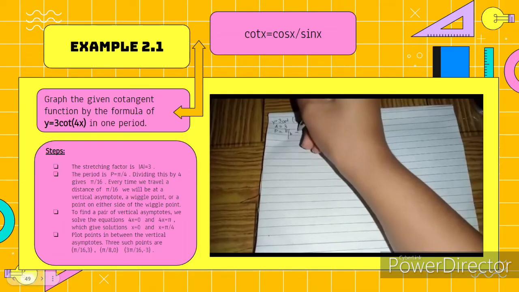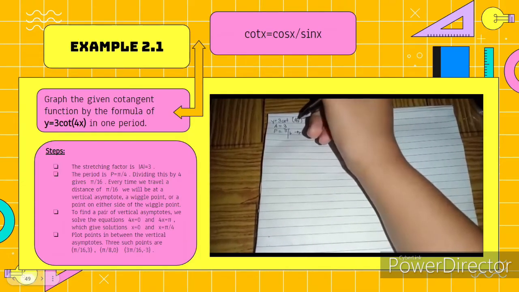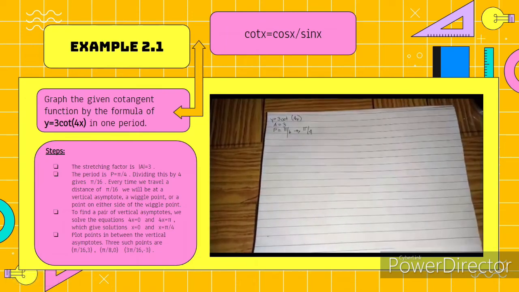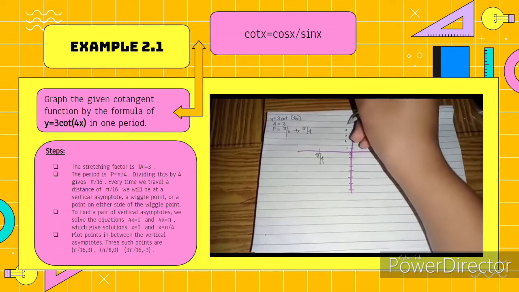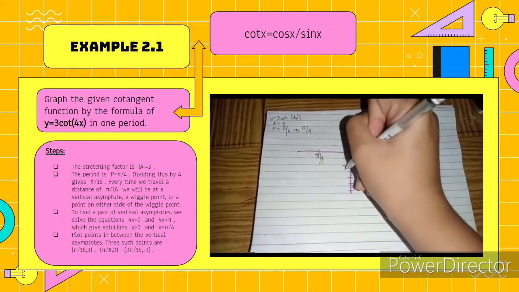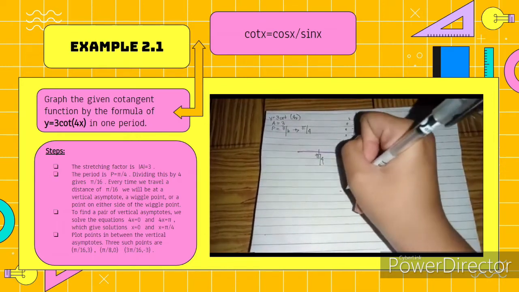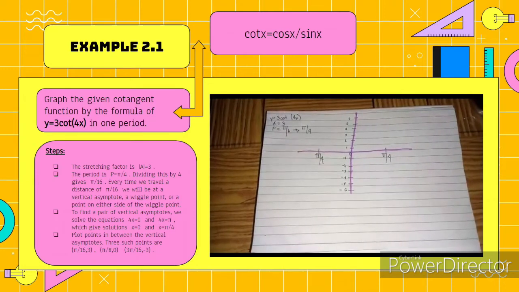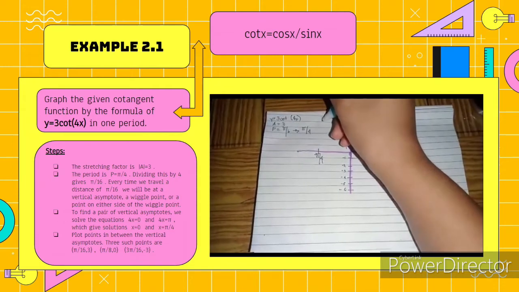Now we have our second example, where a = 3 and the period is π/4. Now let's sketch our graph. We'll be placing our asymptotes at π/4.